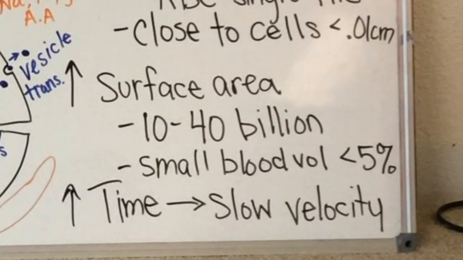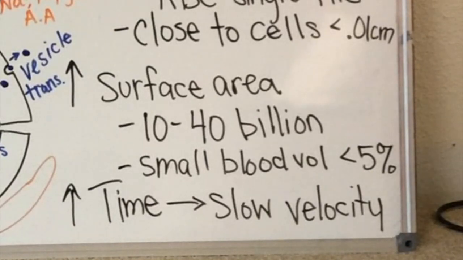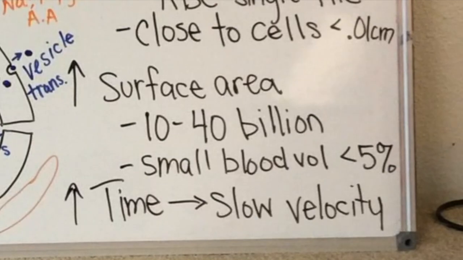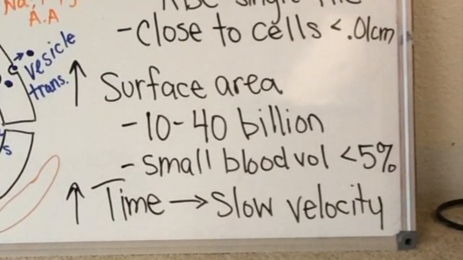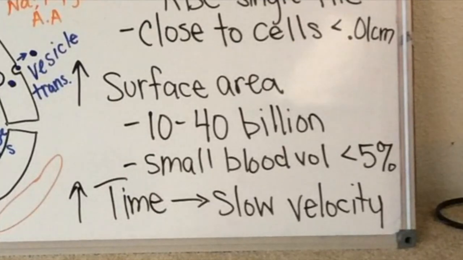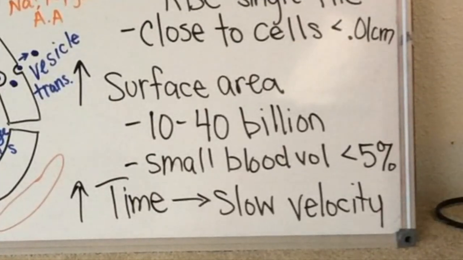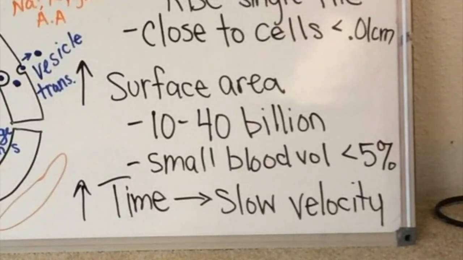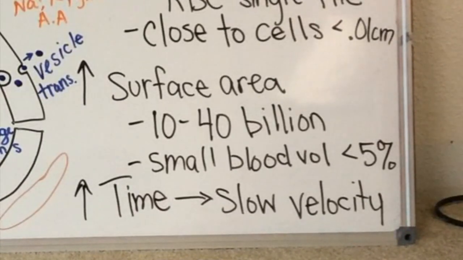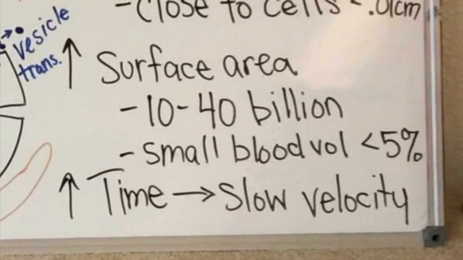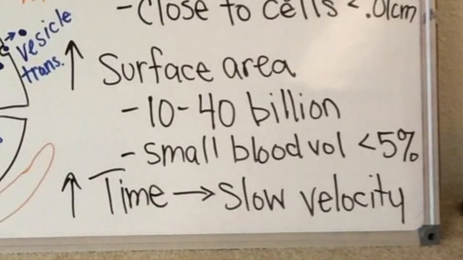The river would push the water quickly into the lake, where it then slows down due to the increased surface area, and then increases its velocity as it moves to the other side of the lake to the other river outlet. Similar is the capillaries. The arterioles push the blood quickly into the capillaries, where it is then slowed down by its increased surface area and then sped up as it continues to converge on less and less venules.